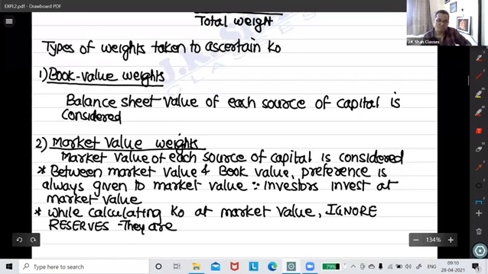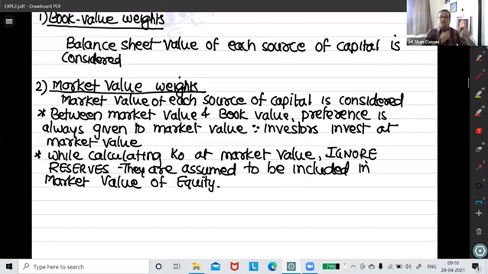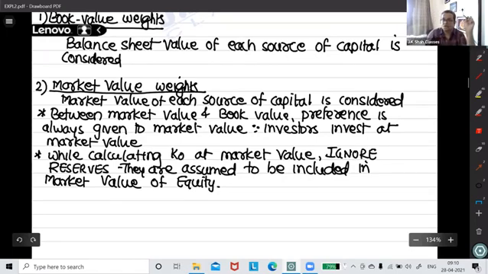They are assumed to be included in the market value of equity. You understand what we write? We are going by market value rates. We take the market value of equity.